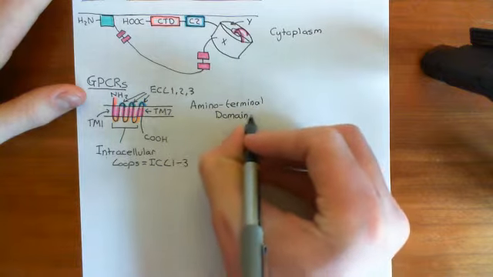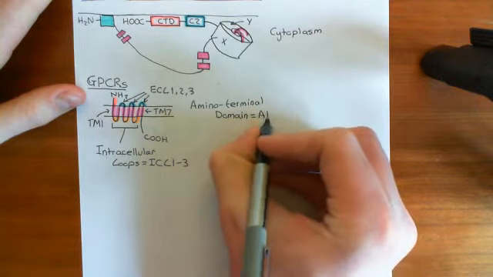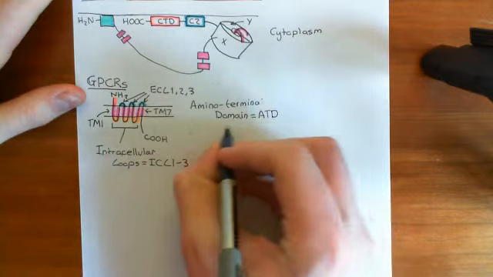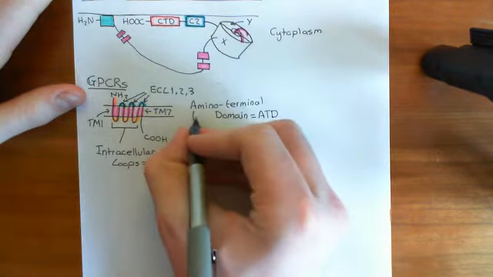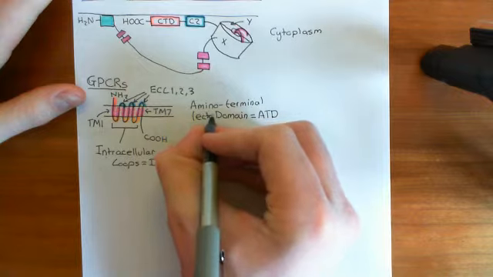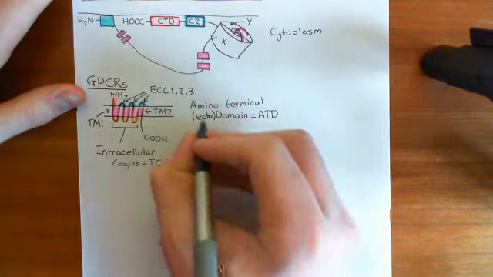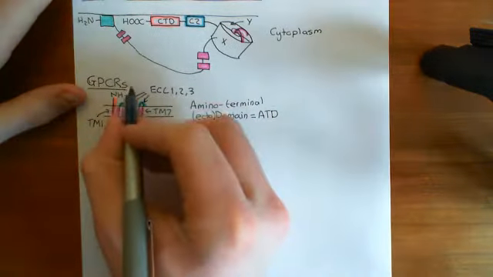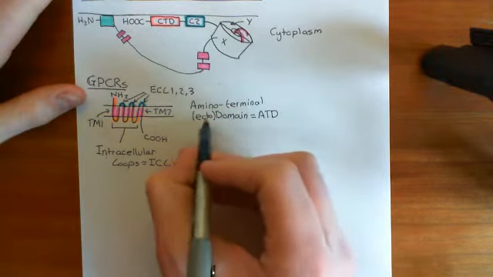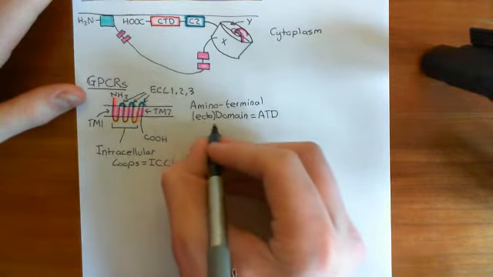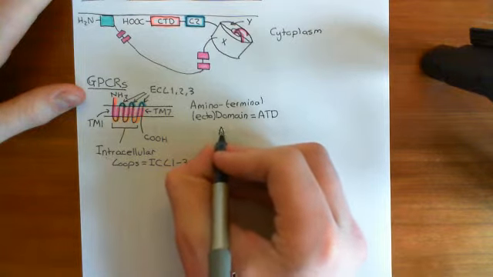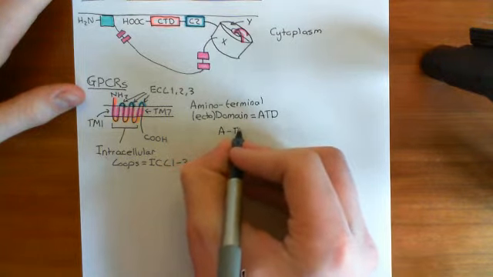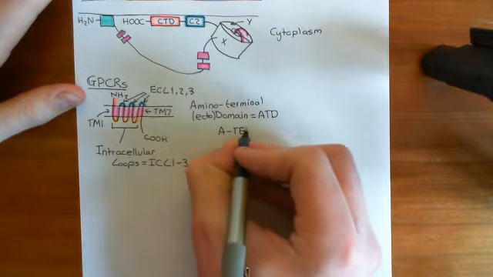In addition, some people will call the amino terminal domain the amino terminal ecto domain. They put ecto in front of domain because this domain is on the outside of the cell. Ecto means on the outside of. For short, they'll abbreviate amino terminal ecto domain to ATED.